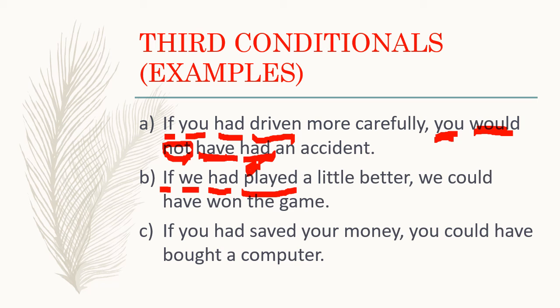Main clause, subject plus would or could or might. In that case, we have could plus have plus PP, past participle. We could have won. Read again. If we had played a little better, we could have won the game.